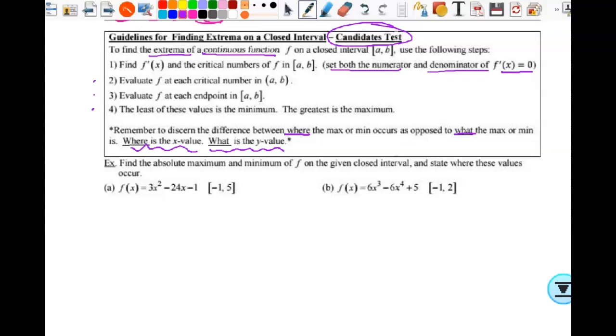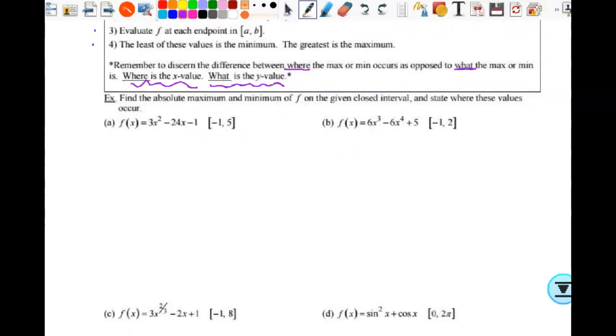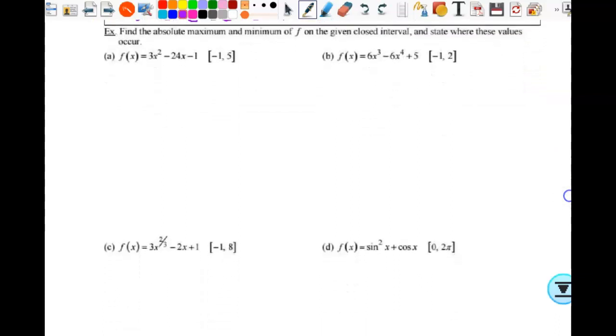Okay. So we're going to find the absolute maximum and minimum of f on the given closed interval and state where these values occur. The first thing we do is take the derivative, which is fairly simple. So f prime of x is equal to 6x minus 24.